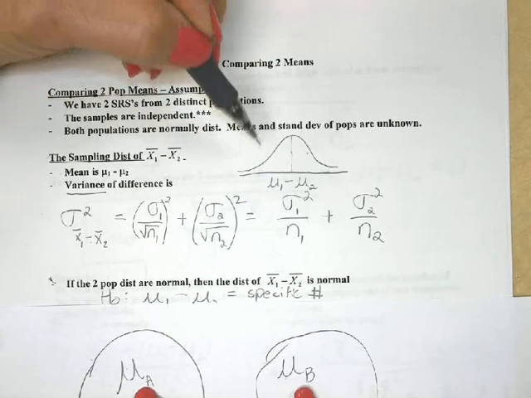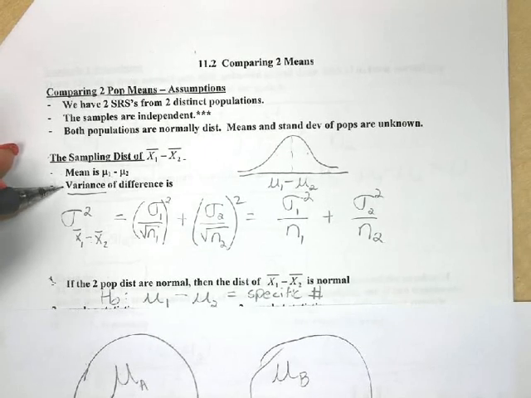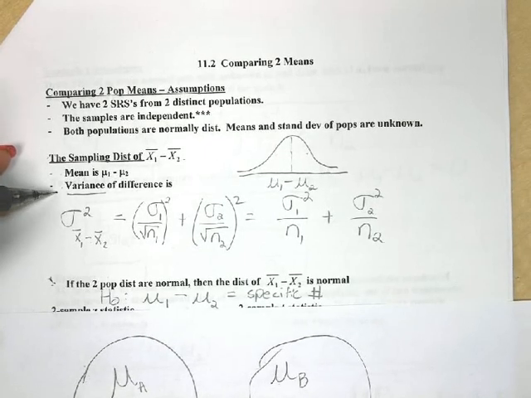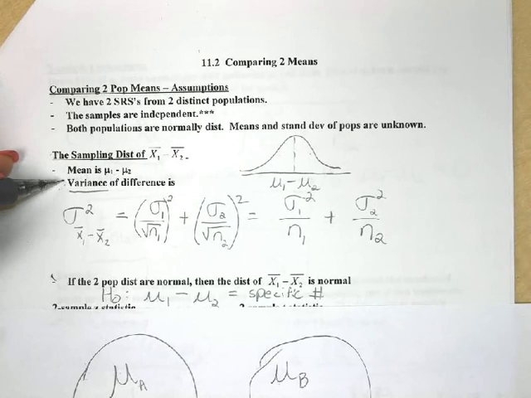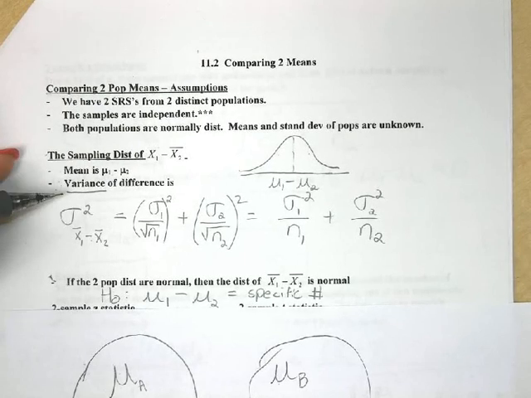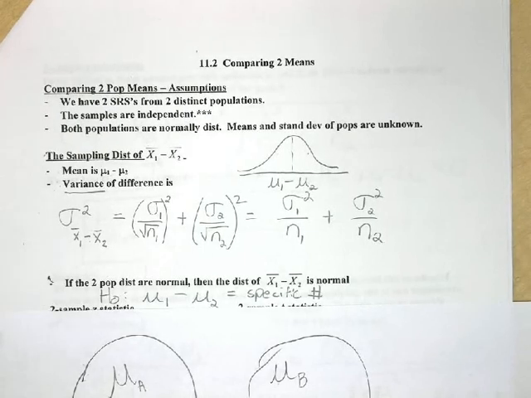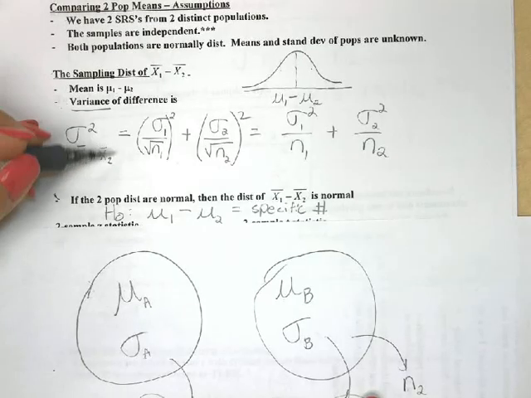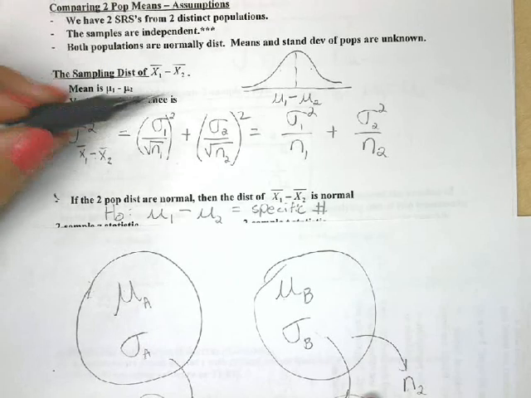And how do we describe that standard deviation? Well, I'd put the variance down first. Remember from Chapter 7 when we dealt with random variables: if you have two independent random variables, we don't add or subtract standard deviations. If our random variable is the difference between two random variables, we actually add their variances.